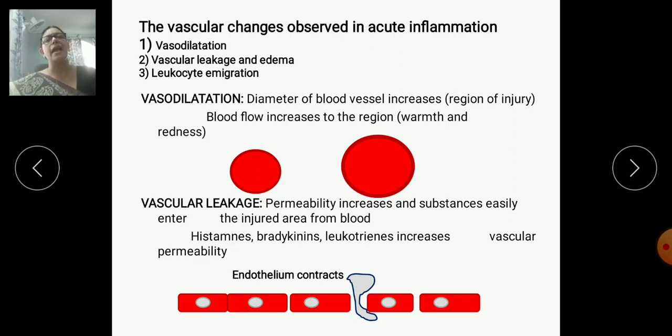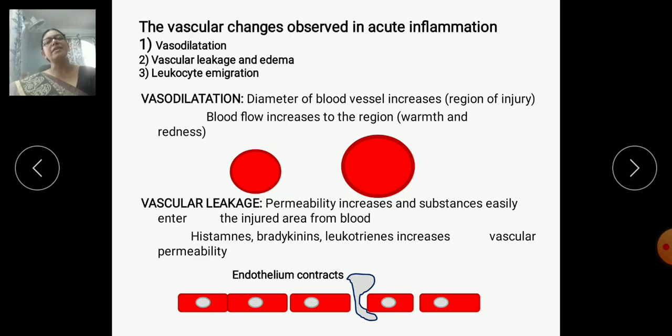Suppose you are running and you fall down. After a certain time inflammation has taken place in that region, and there is redness of your foot, and you feel the foot is a little warmer. Why is it so? Because of this vasodilation the blood flow has increased, and the blood flow has caused both warmth and the redness over there.